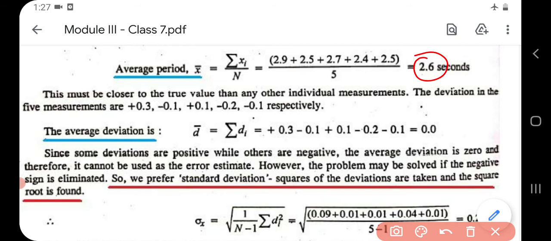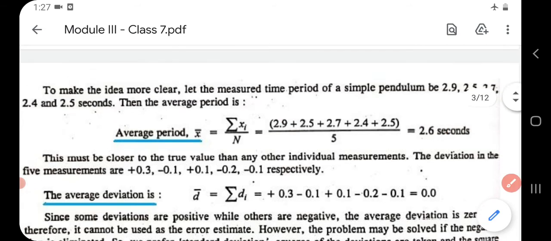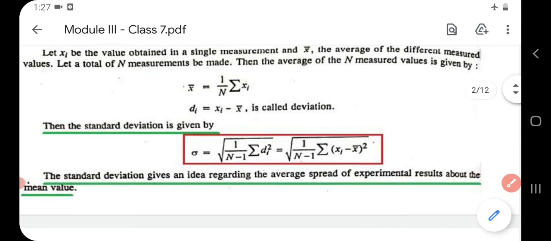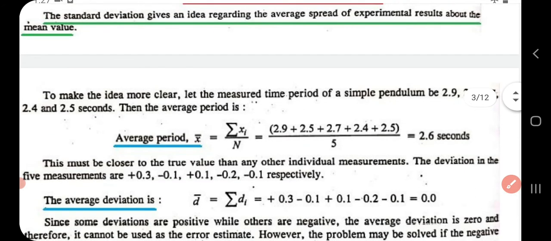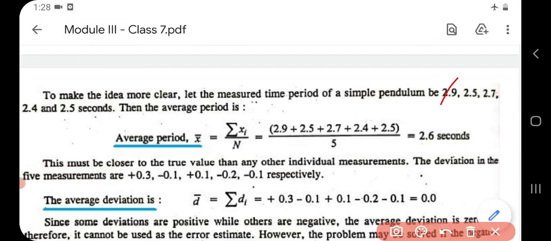You have to subtract the average value from each of these measurements, that is 2.9 minus 2.6, which is 0.3.